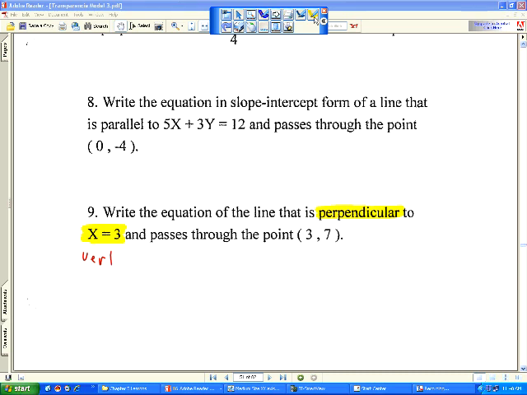It's a vertical. What is the y-intercept of a vertical line? It doesn't have one. None. What is the slope of all vertical lines? Undefined. So my old equation is a vertical line with an undefined slope and no y-intercept.